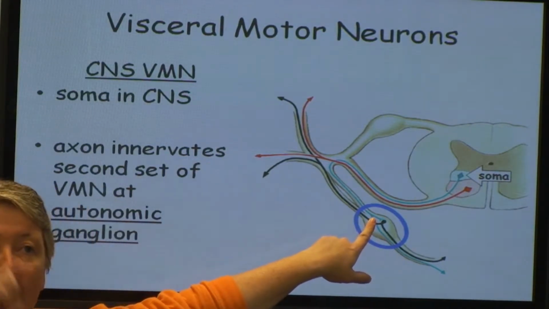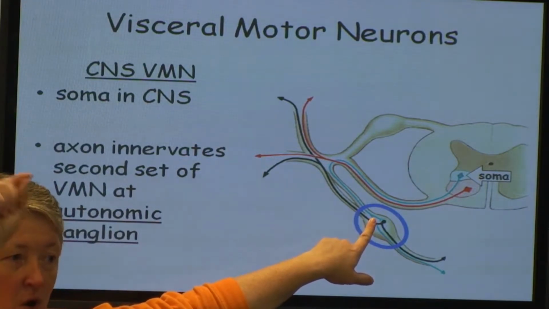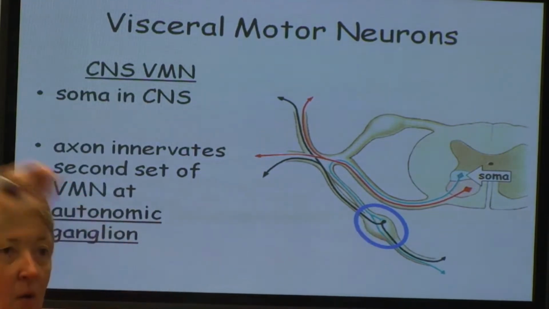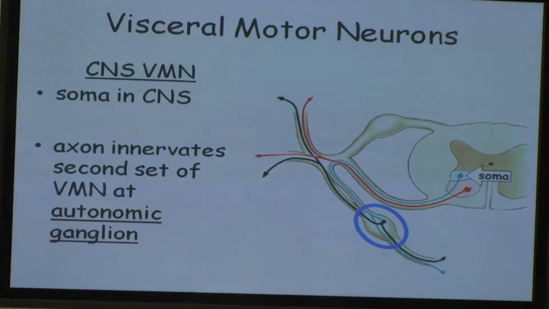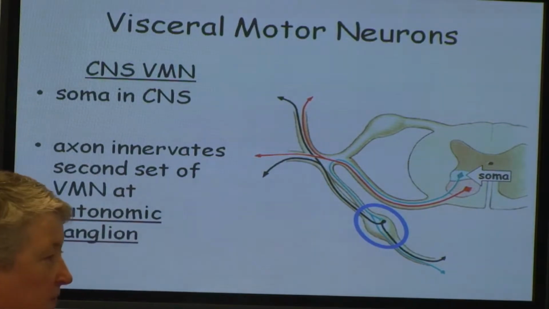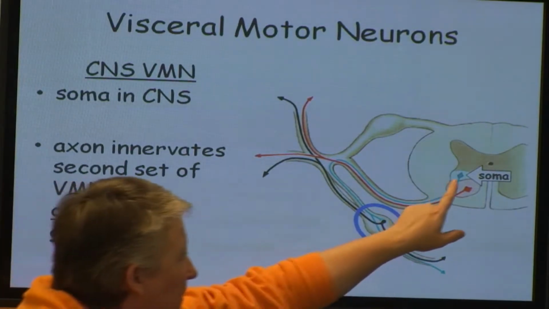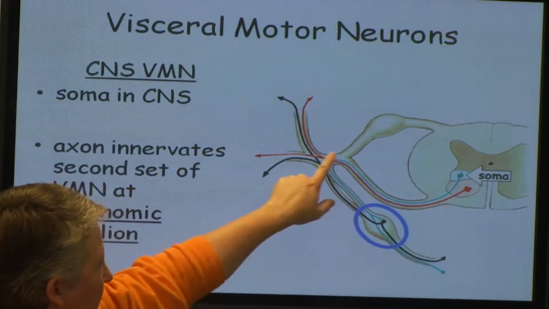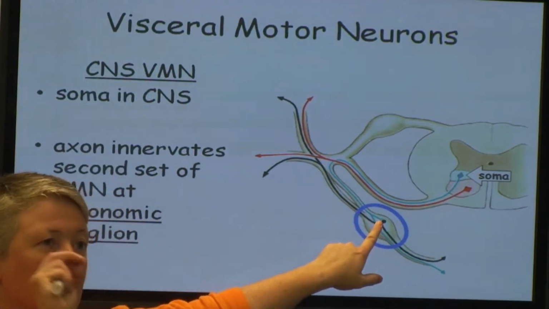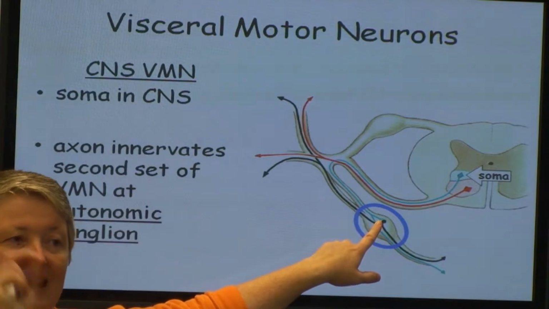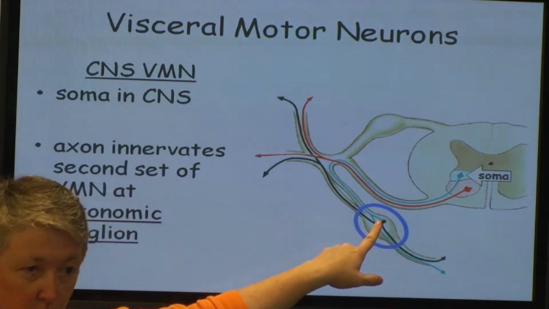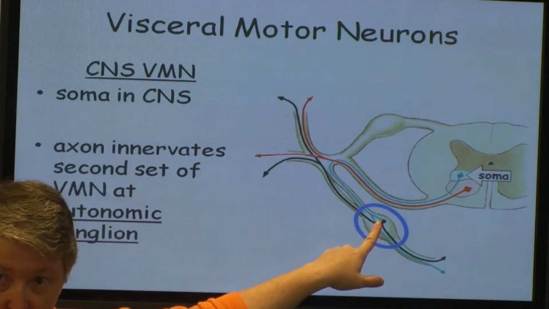So your somatic motor neurons start in the spinal cord, and they go out directly to a skeletal muscle cell. Okay? Visceral motor neurons, there's two neurons in the pathway. You have the one that starts in the spinal cord, and then it connects with or synapses with a second visceral motor neuron.